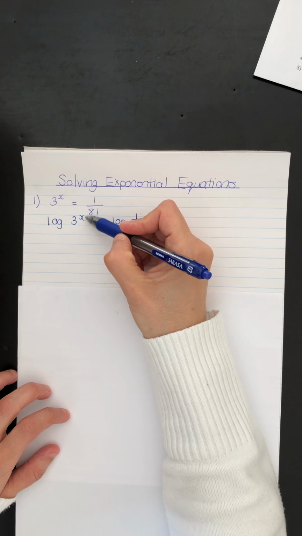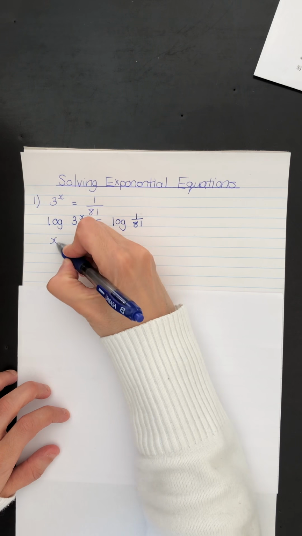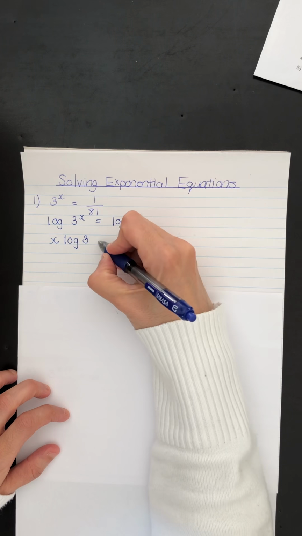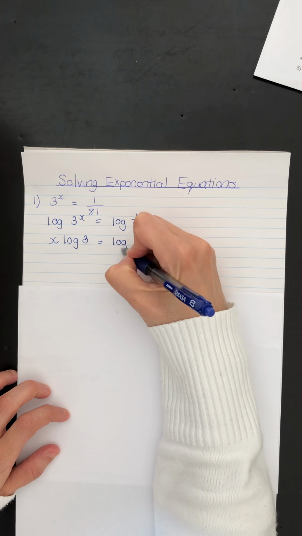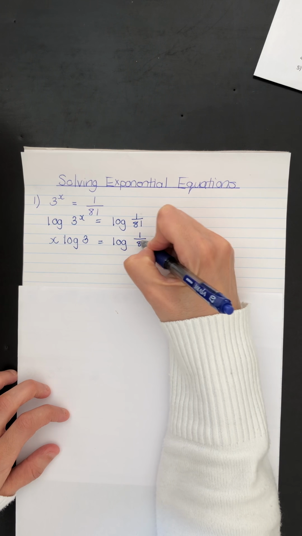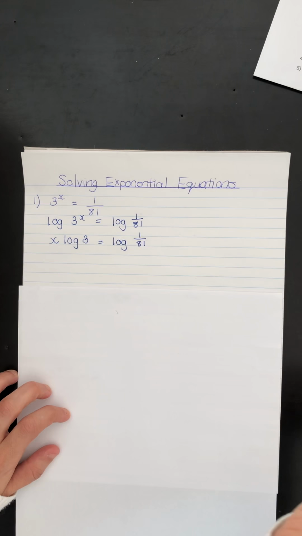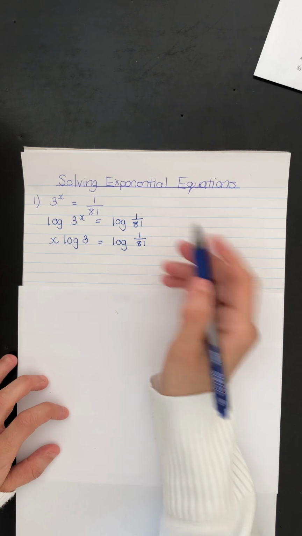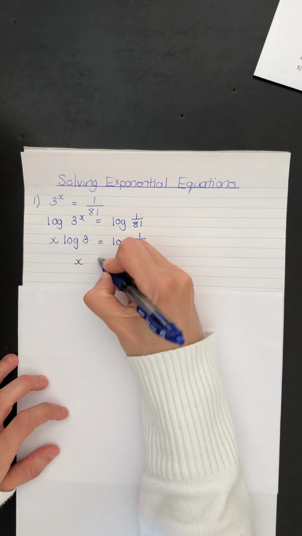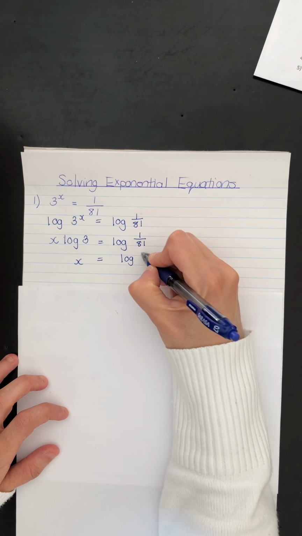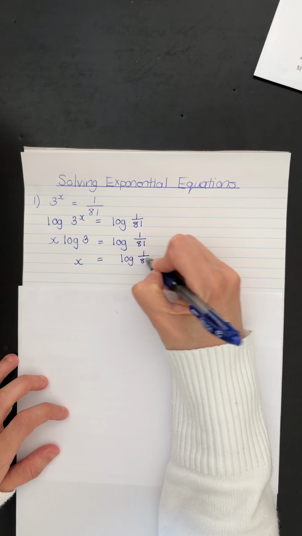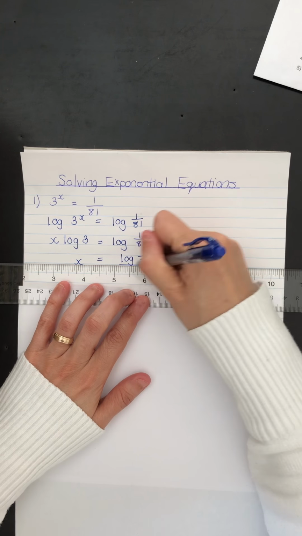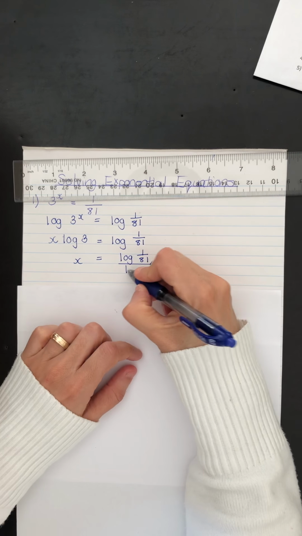So the x, which was an exponent, is now multiplied by log 3. Now, the logarithm of 3 is just a number. So to isolate x, we simply divide both sides of the equation by that number. So we will have the log of 1 over 81 divided by the log of 3 as our answer.